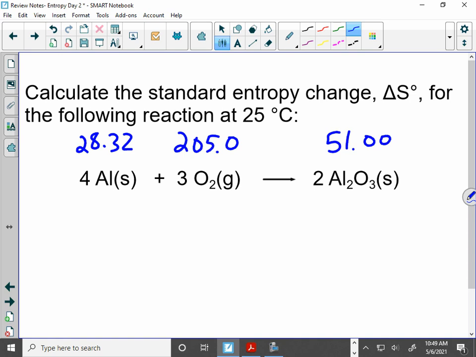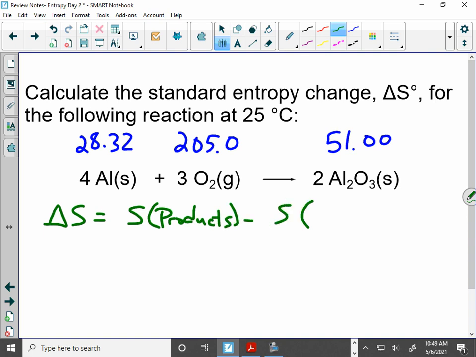So now I've gathered all of my data. I just need to work out the problem. Well, I know that my change in entropy is equal to the entropy of the products minus the entropy of the reactants. So I have one product, I have 51.00, and I have two of them.